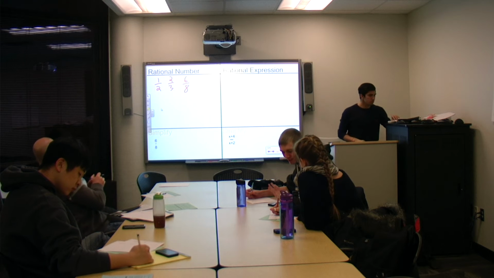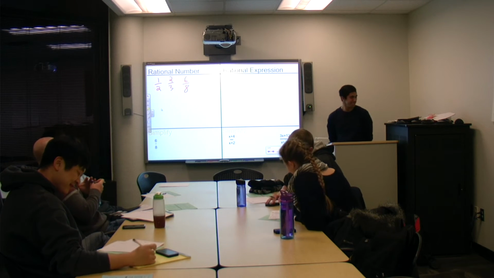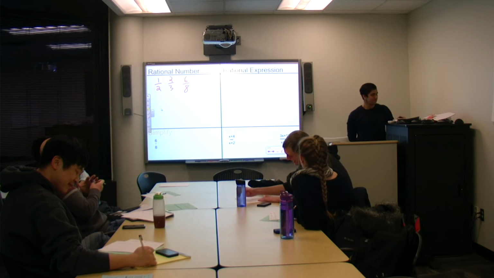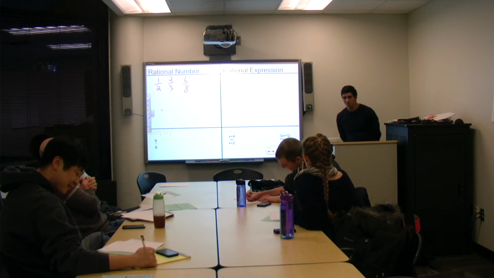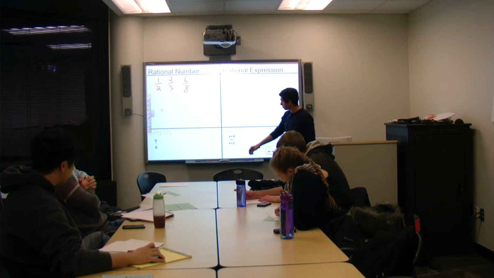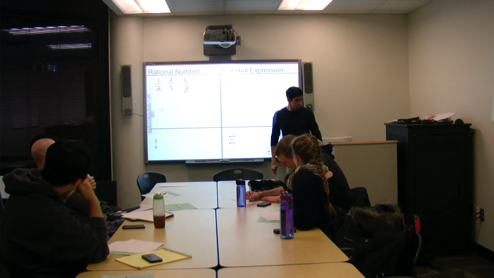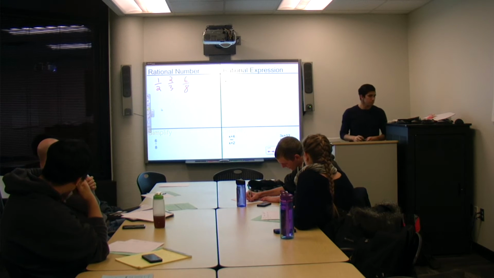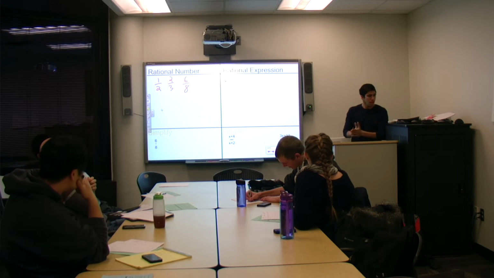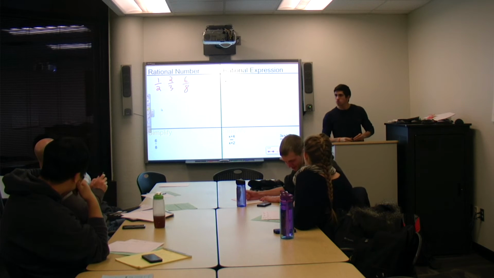Well, let's see, these are numbers. If we know that a rational number is a ratio of integers, maybe like letters, like A, B, C, D, and so on.